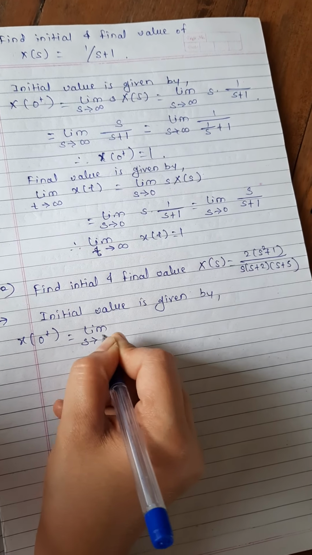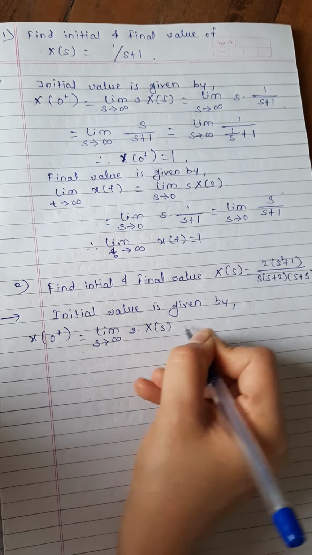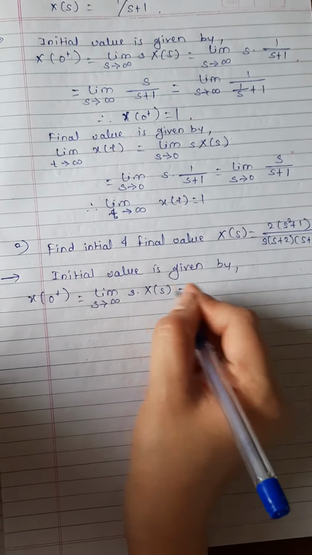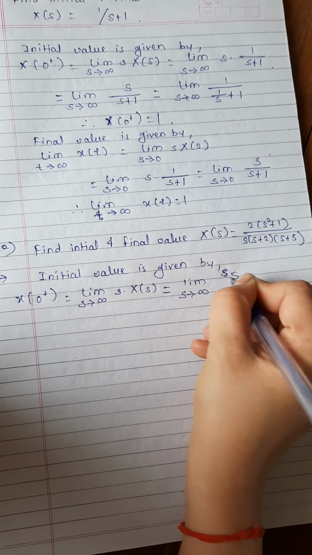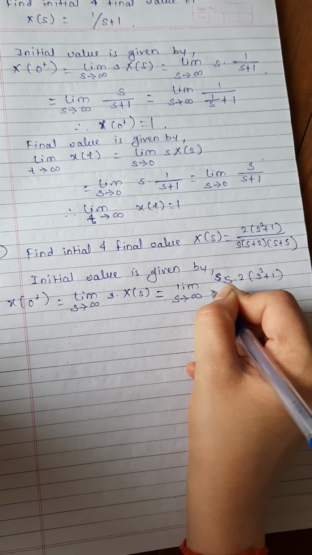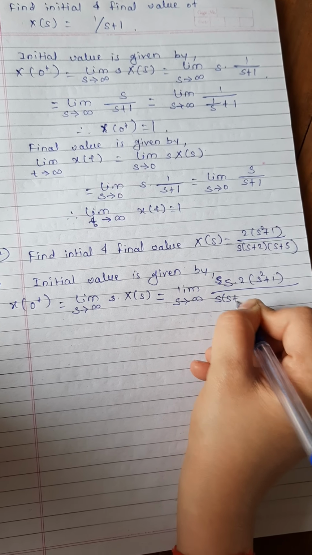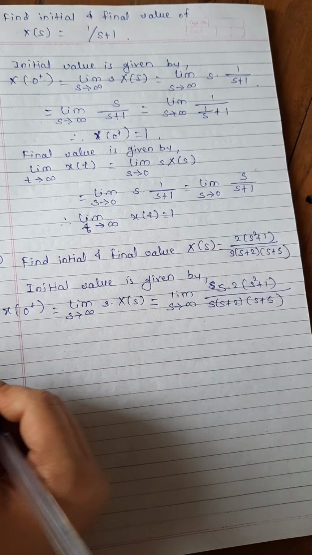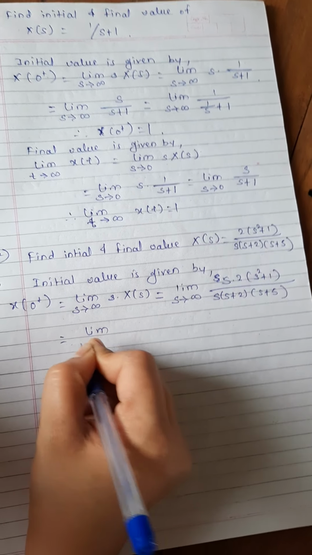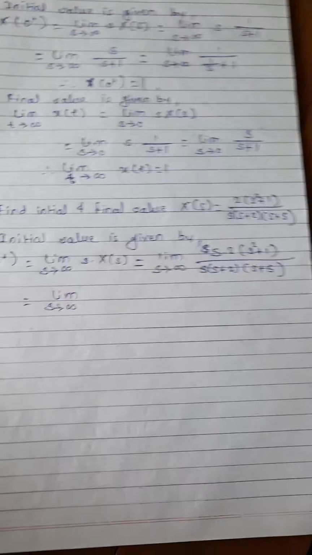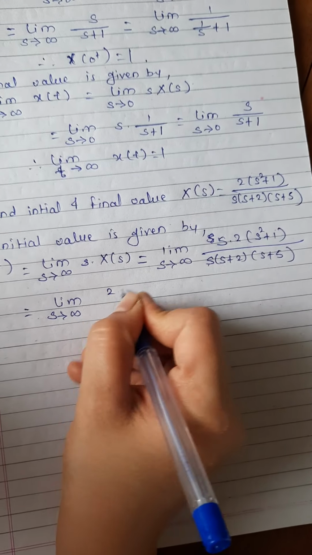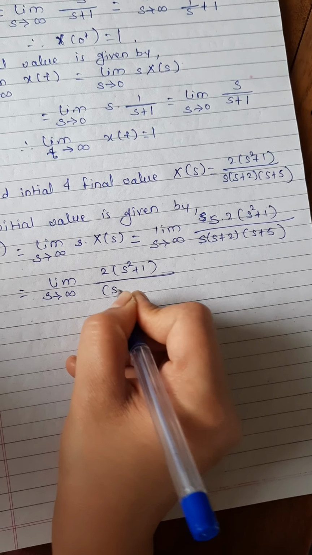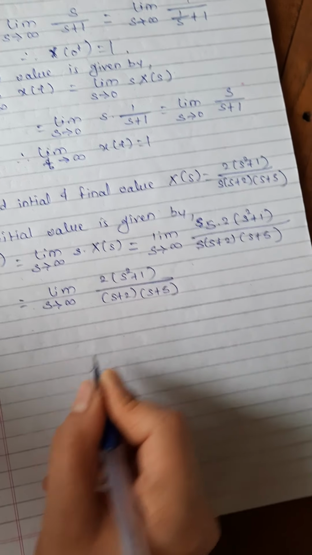Limit s tends to infinity s times X(s), which is equal to limit s tends to infinity s times 2(s^2+1) divided by s(s^2+2s+5). The s gets cancelled, so 2(s^2+1) divided by s^2+2s+5.